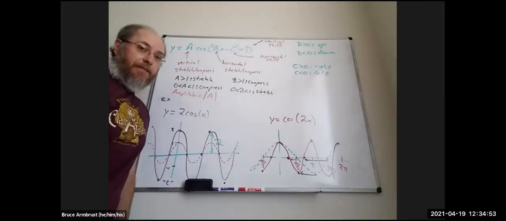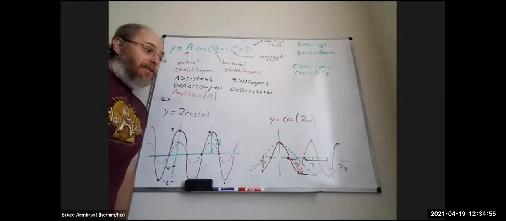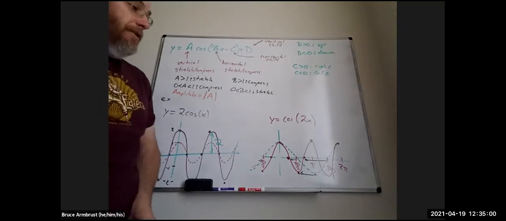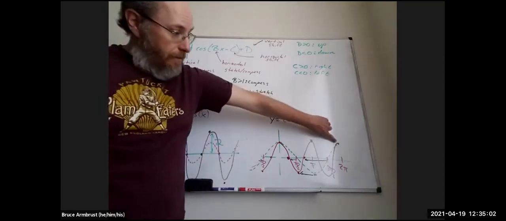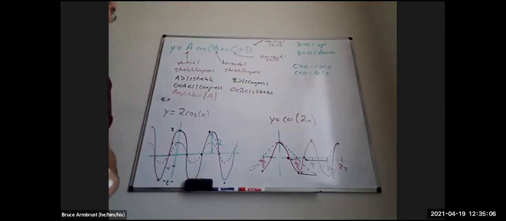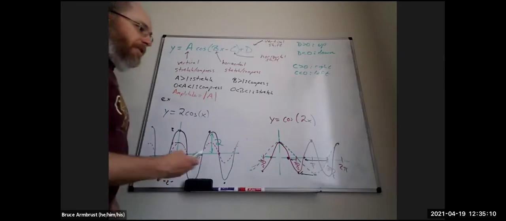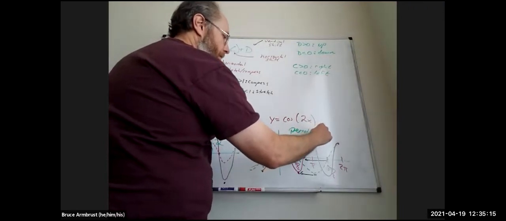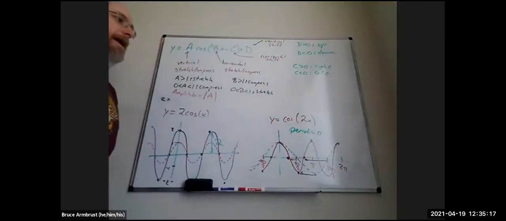Now this repeats, but it repeats much faster. Instead of having to go all the way to 2 pi to start repeating, now we only have to go to pi for it to start repeating. So this one, it's changed. The period is now equal to pi.